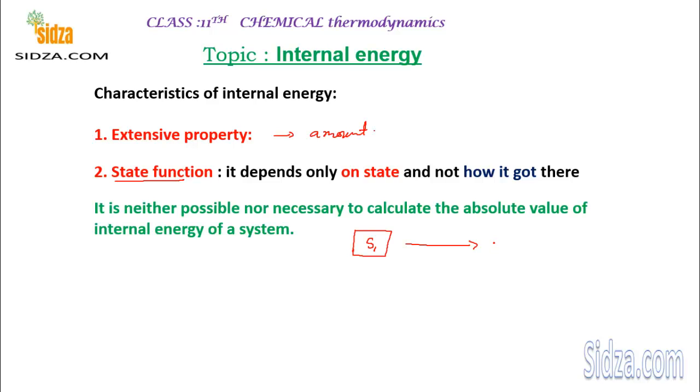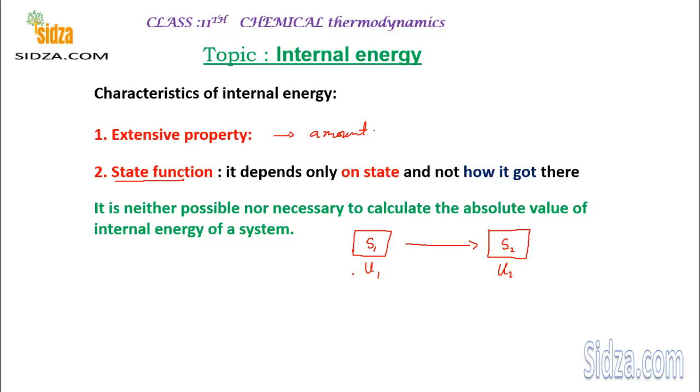It's very interesting to see here that if you have a system in state 1 and by any process you change the state of the system, we can say in the first state it has the internal energy U1, and here it has the internal energy U2. It's not possible to measure the absolute value of the internal energy of a system.